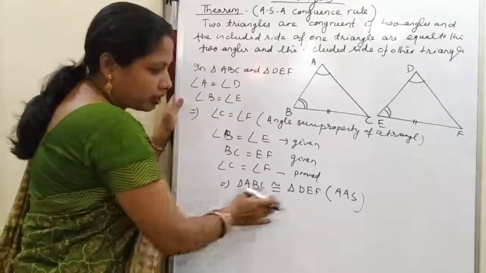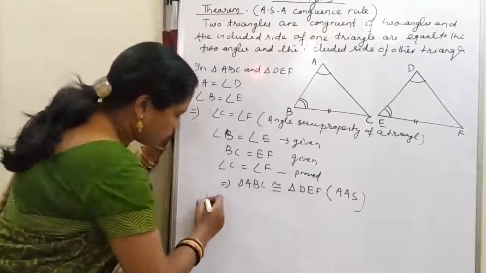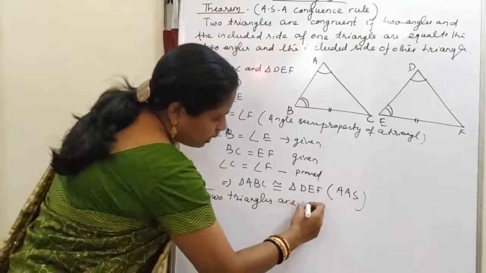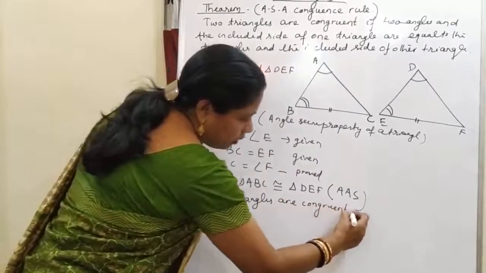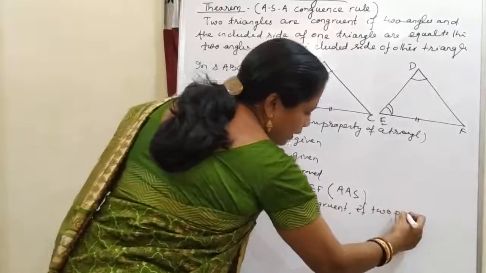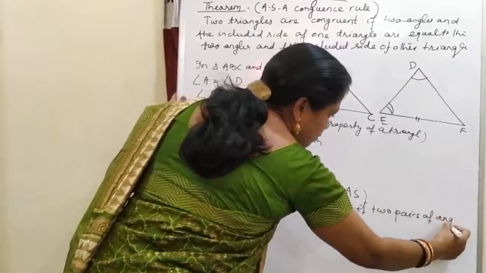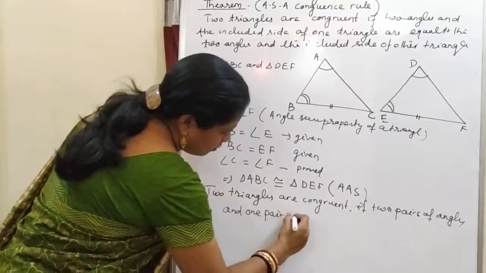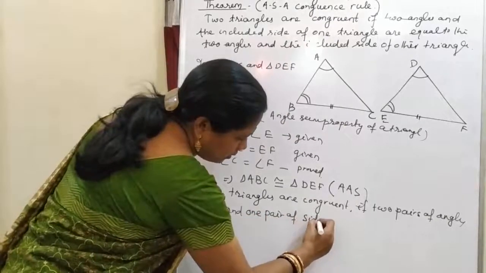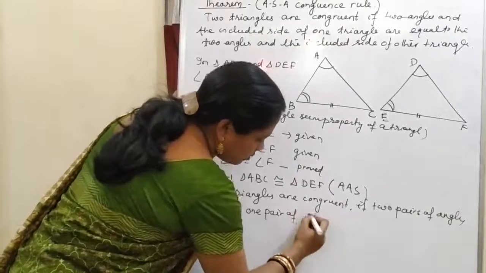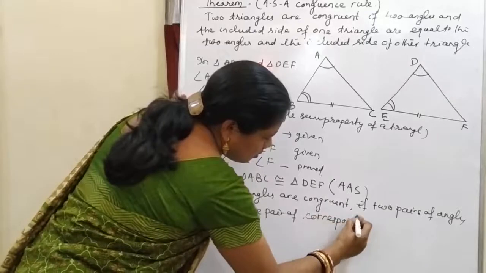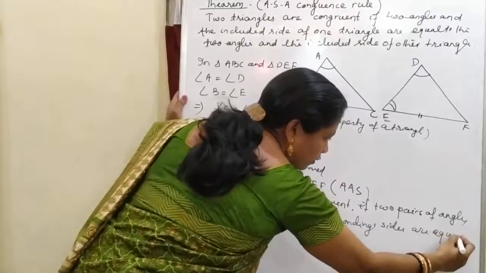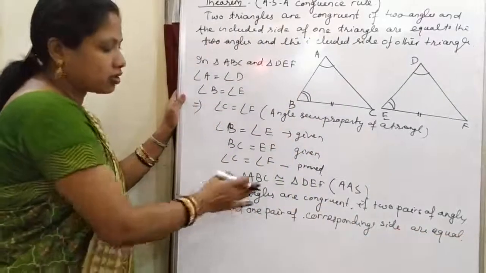So what is the statement of this AAS congruence rule? 2 triangles are congruent if 2 pairs of angles and 1 pair of corresponding sides are equal. So this is the AAS congruence condition.